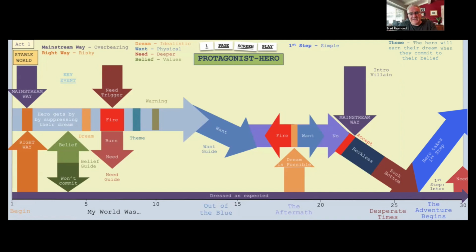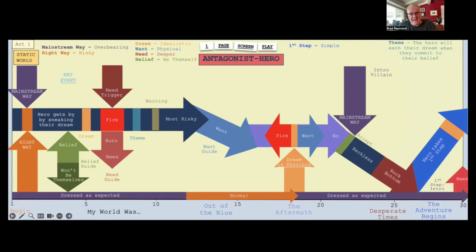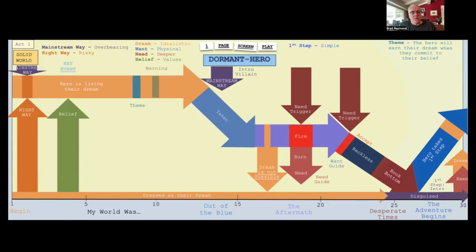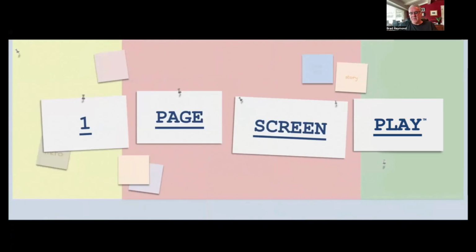And then the protagonist hero is very similar to the antagonist hero, just some subtleties. They're really driving the story, and then the dormant hero is really different. But it's a fascinating character, because their whole life is taken away, and it's really a juicy story when you think about it.